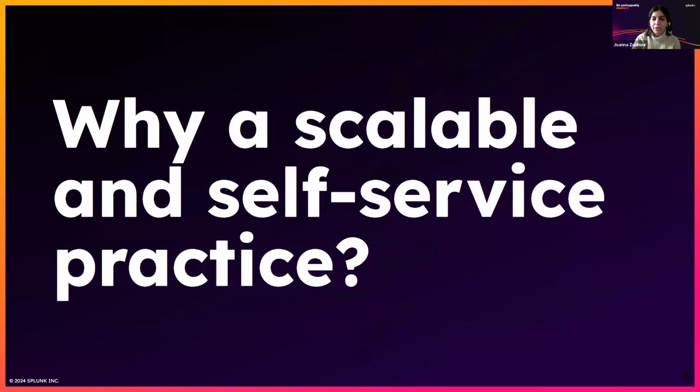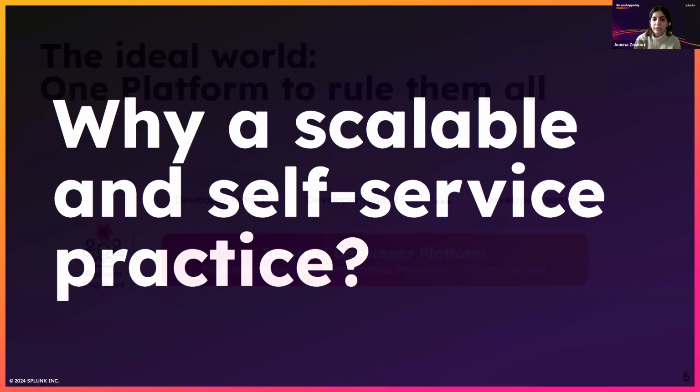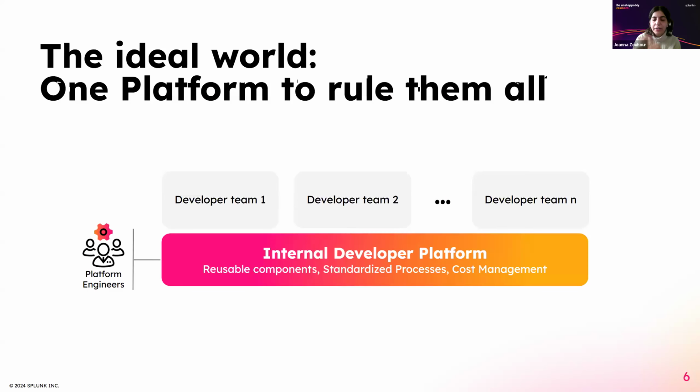All right, so why should you care about a scalable and self-service practice for observability? Now, in this ideal world, right, you have one single platform where essentially you would power all the developer teams across multiple use cases, processes, right? That one internal developer platform would help every developer team, and they would rely on that one single and extensible platform, which would allow them to easily collaborate and really get what they need without any compromise.